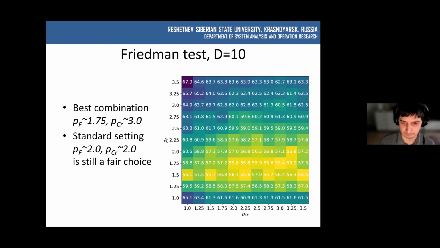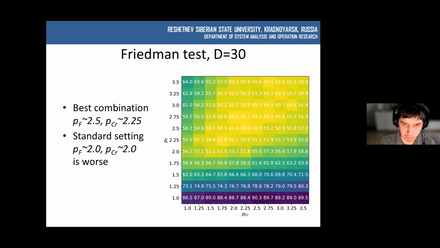You can see that if we set p to 1.5, we get much better results than with 2.0, which is the recommended parameter in L-SHADE, and everyone is using p equal to 2. As for the crossover rate, there seems to be no significant influence. But still, 2.0 for both is a fair choice, not so bad.